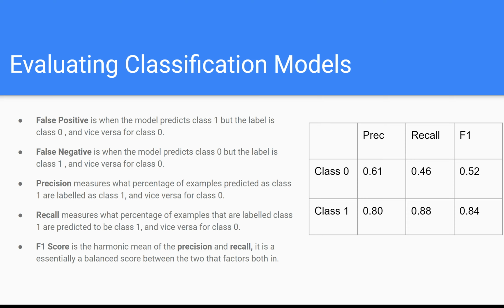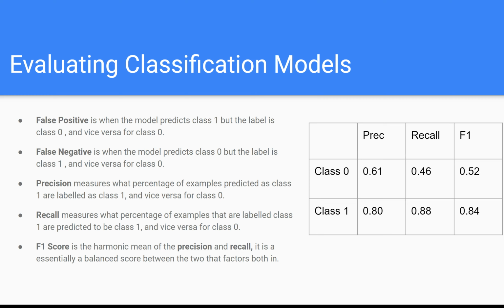A false positive works for both classes, but let's just say class 1. A false positive for class 1 is when the model predicts class 1, but the label is class 0. If the model predicts class 1, saying, hey, we got a positive, we're class 1, but the label is actually class 0, that's a false positive.